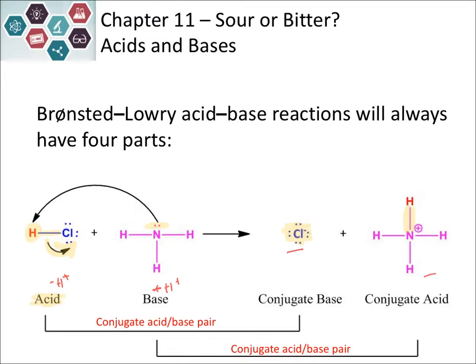So that means the acid is turning into the conjugate base, and the base is turning into the conjugate acid. Again, the acid with the conjugate base is a conjugate acid-base pair, and the base with the conjugate acid is also a conjugate acid-base pair.